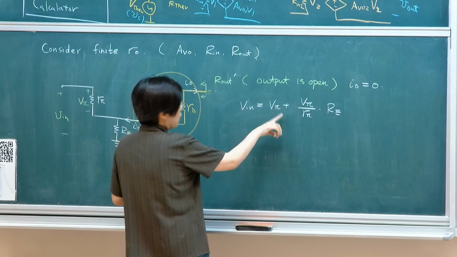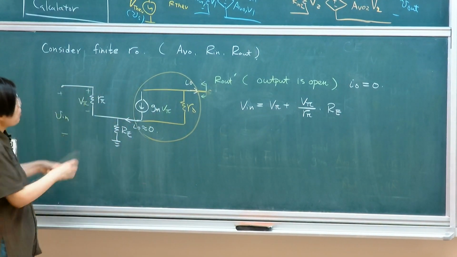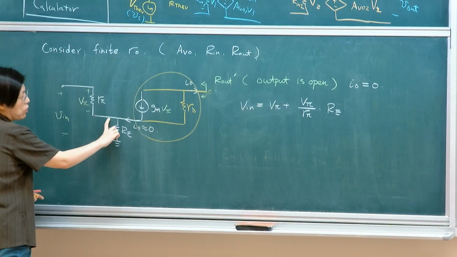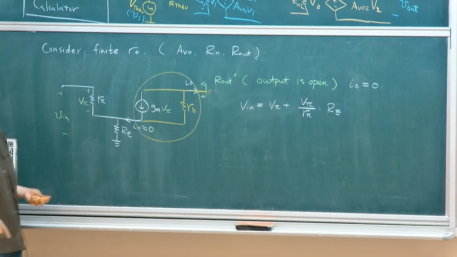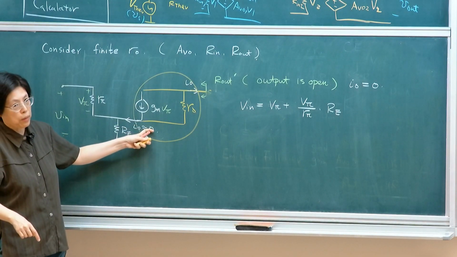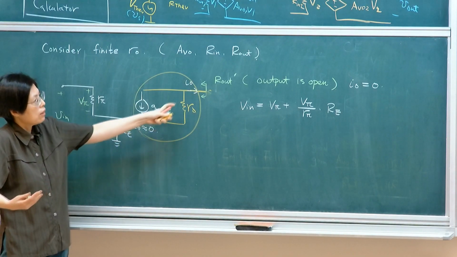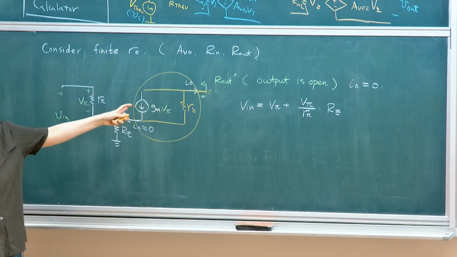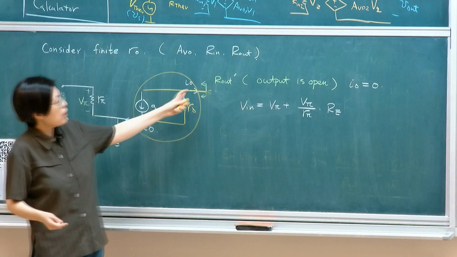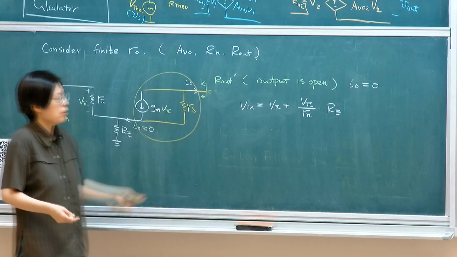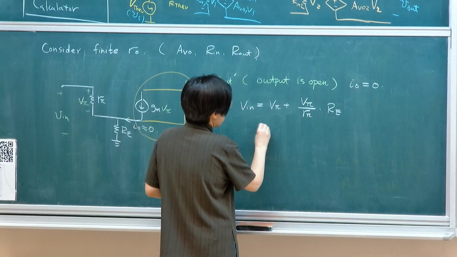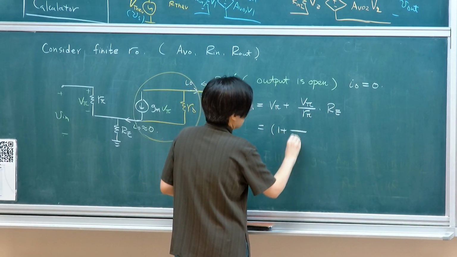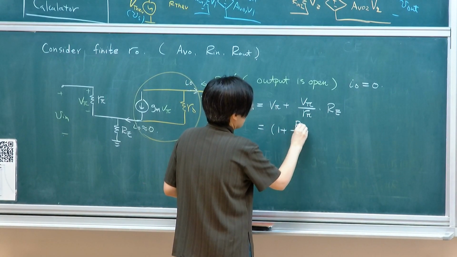So the input voltage is the voltage across here and the voltage across here. The current flowing down will be only the base current. Because this side is open, you assume there's no collector current change since I'm opening this output. Okay? So this will then be 1 plus RE over R pi, times V pi.